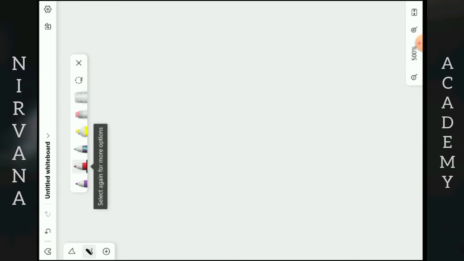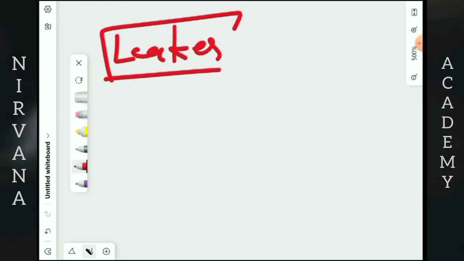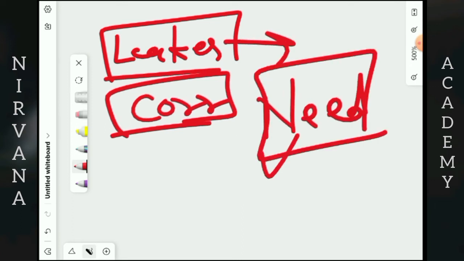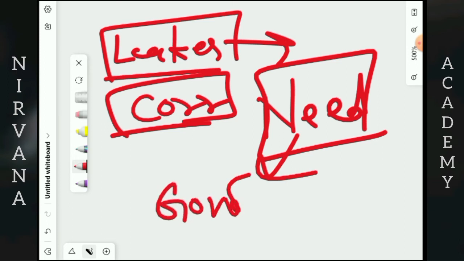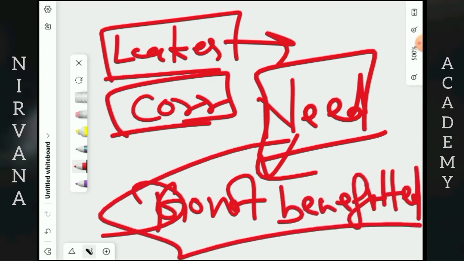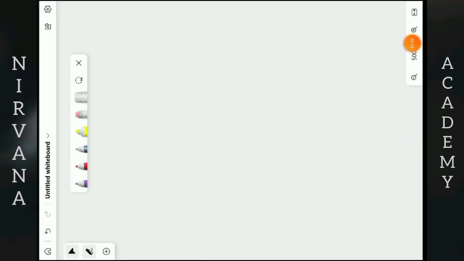And the last thing is leakages in government development expenditure due to corruption. Because of that, those who are in need do not get the benefit of the government schemes or subsidy. So these are the causes of inequality prevalent in the Indian economy.